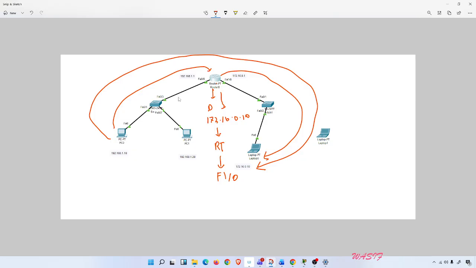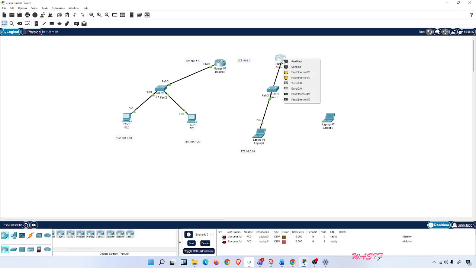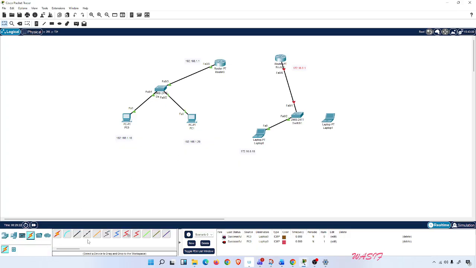Now, they are directly connected interfaces, okay? Now look at here very carefully. Let me introduce another router. Let me connect this one to FastEthernet, let's say 0/0, and let me take this interface here, and select serial because I have run out of those ports. Serial 2/0.